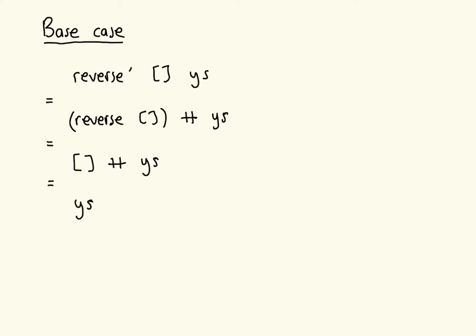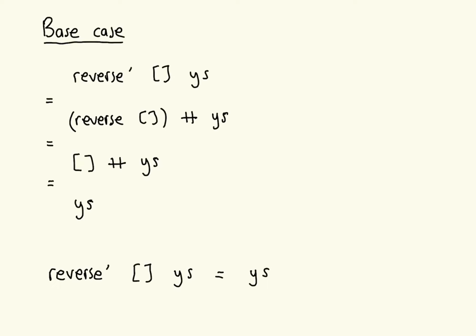What's actually happened is I have shown that this is equal to this, and this gives me the definition for the reverse prime function in the base case. So what I have actually done is calculate, using equational reasoning, what the base case for the recursive definition for the reverse prime function should be.